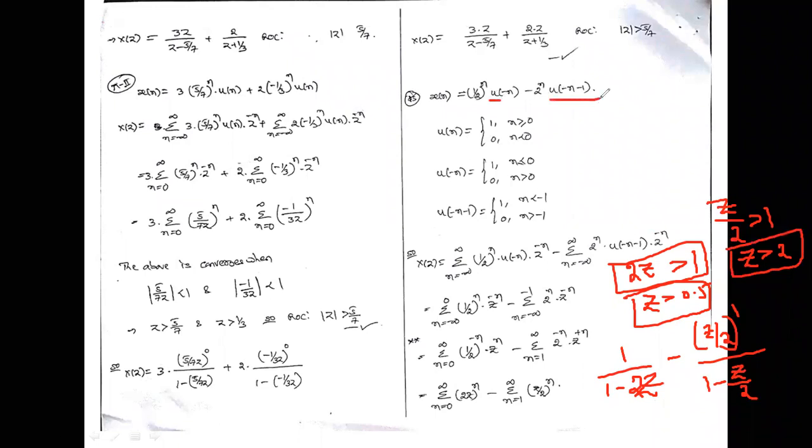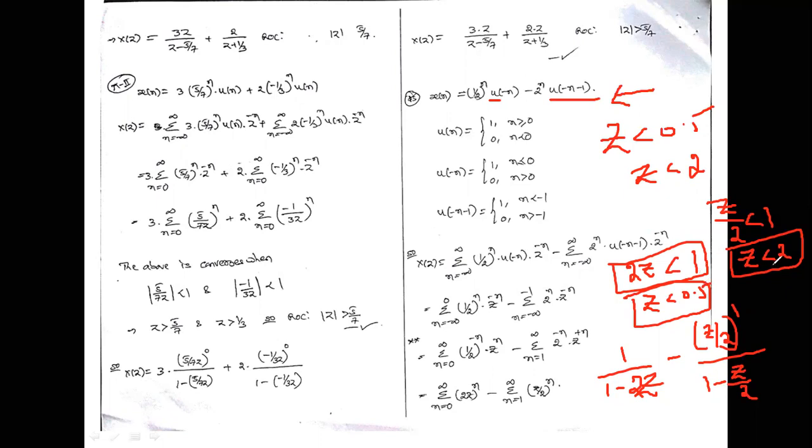They are u of minus n and u of minus n minus 1. u of minus n minus 1 means towards the left side, and towards the left side means you take less than. |z| is less than 0.5 and |z| is less than 2. These two are not greater than; this one is also less than only. |z| is less than 0.5 and |z|/2 less than 1, so |z| is less than 2.